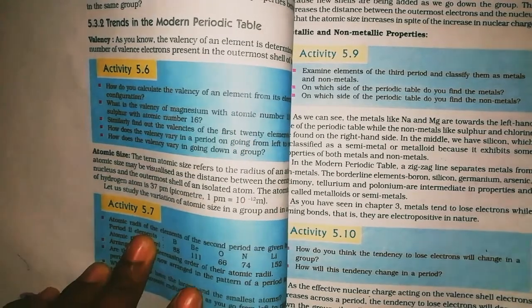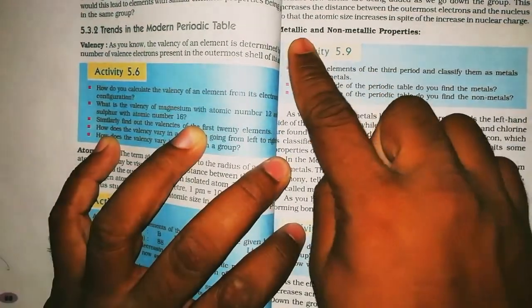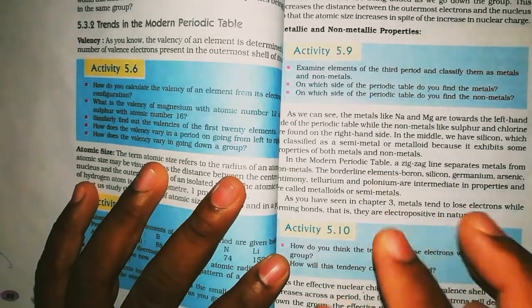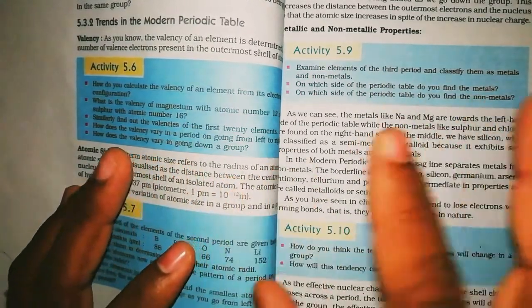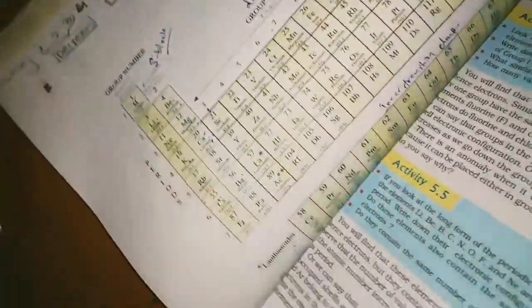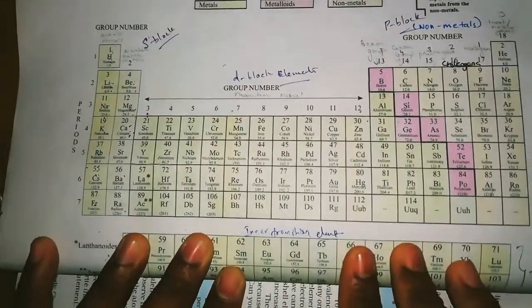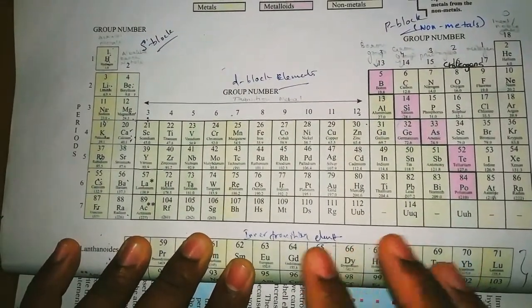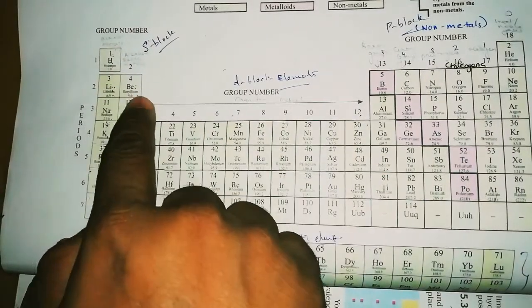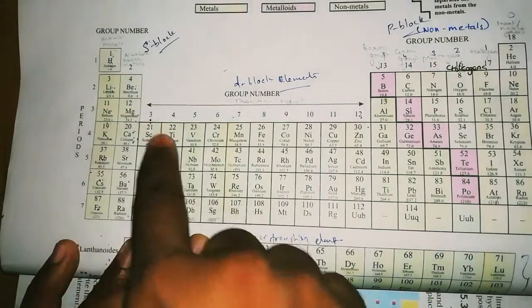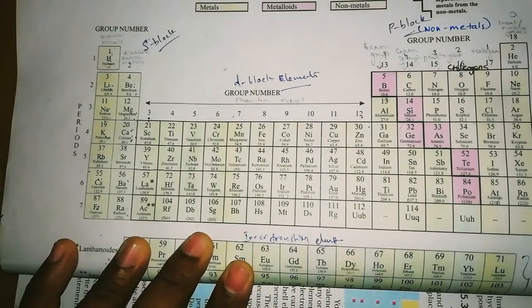And today's topic, we're going to learn the metallic and non-metallic properties. As we know about the structure of the periodic table, where are the metals here? This is what we learned in the last class. Except hydrogen, all these green colored elements are metals.